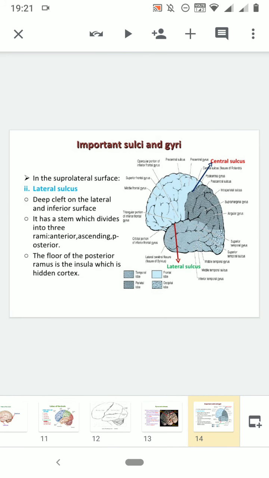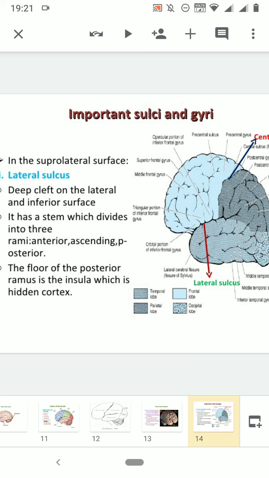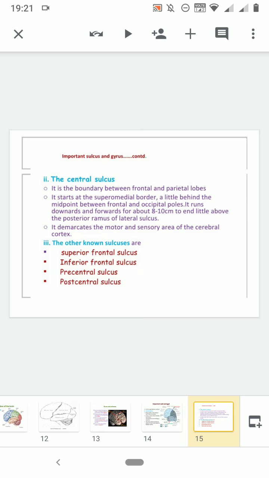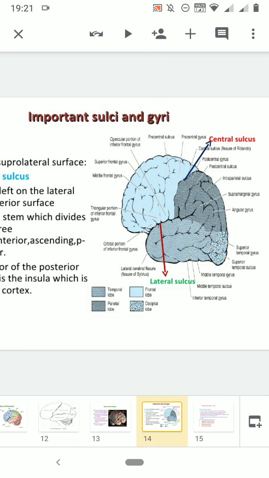Okay, and in the floor of this posterior ramus, you have to remember that you have the insular cortex, or the insula, which is the hidden cortex. Now let's go to another sulcus on the superior lateral surface, which is the central sulcus. It starts from the medial surface, cuts across the superior medial border, and comes vertically down on the superior lateral surface, ending very near the posterior ramus of the lateral sulcus.